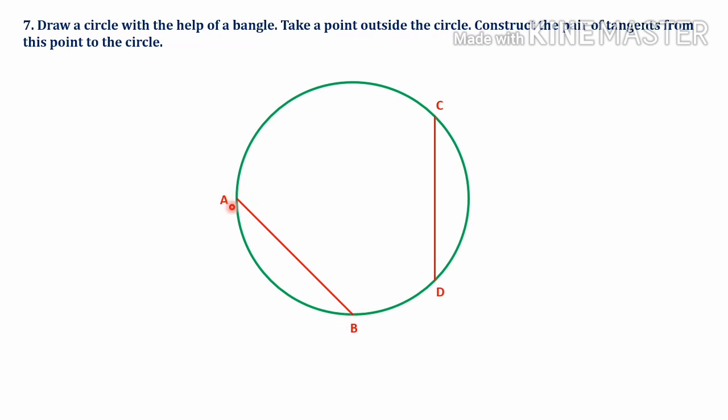Here, when you check AB, the points A and B are on the circumference of the circle. When you check CD, the points C and D are on the circumference of the circle. So AB and CD are the two non-parallel chords, and the perpendicular bisector of a chord will pass through the center. In class 9 you have studied: the perpendicular bisector of a chord will pass through the center.